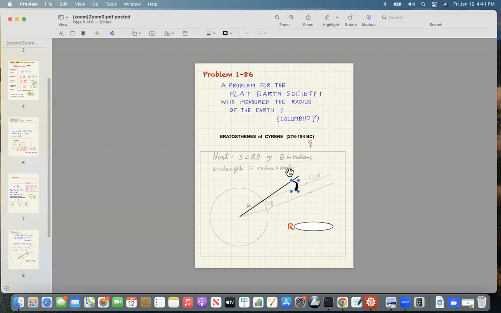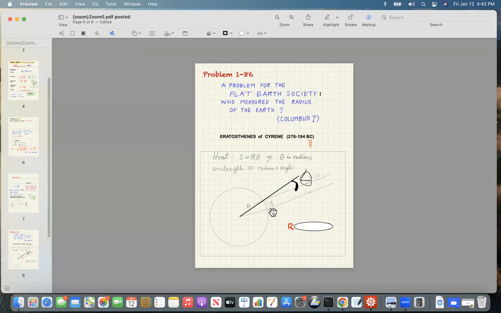It's some angle about 7 degrees below the direction directly overhead. So this angle would then be known, and we'll call that angle theta. It's about 7 degrees.